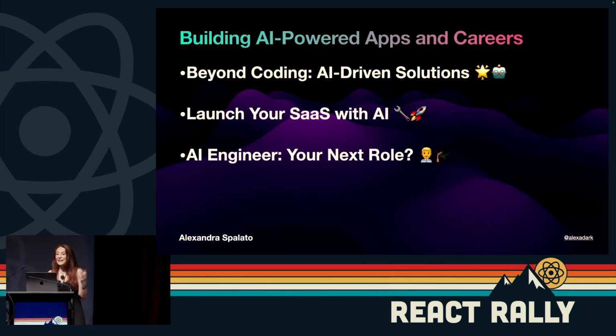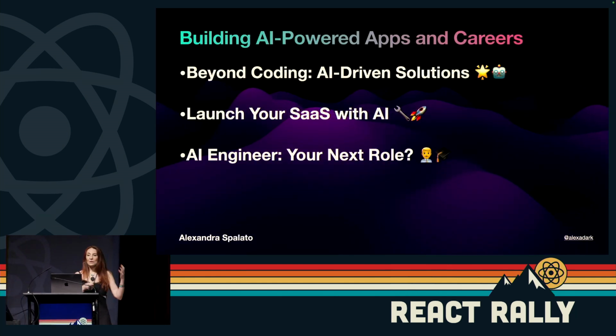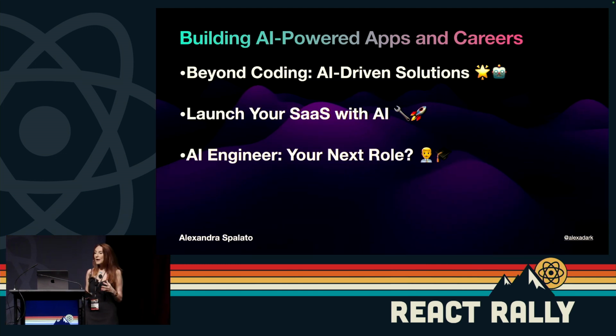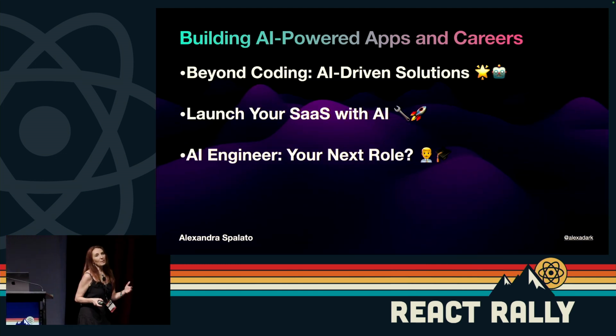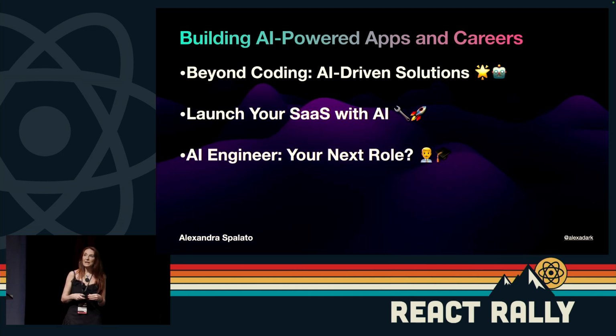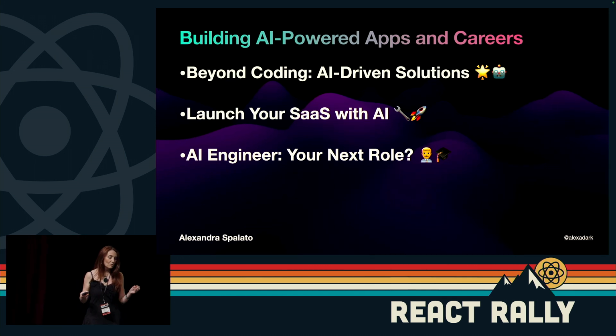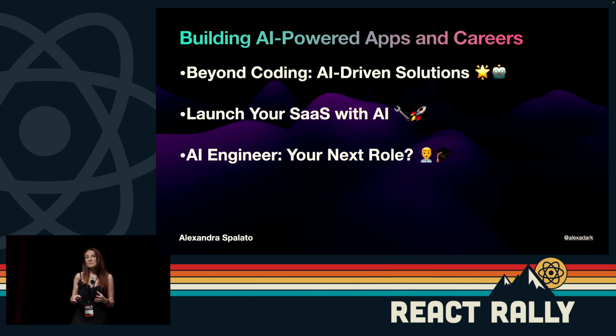But AI is not just a coding or learning assistant. You can use AI to build applications that will anticipate user needs, automate tasks or create personalizations. If you are thinking of building your own SaaS application, this is the right way, and that's what I'm doing.